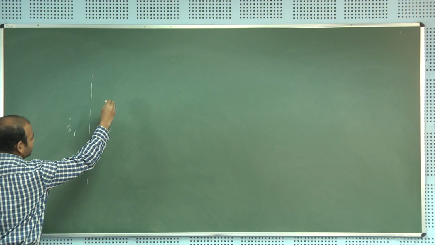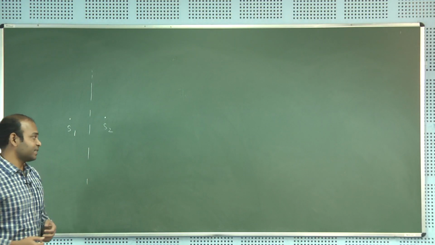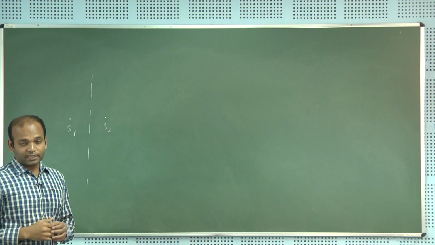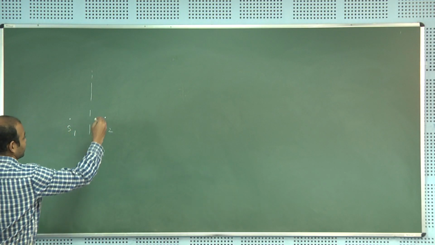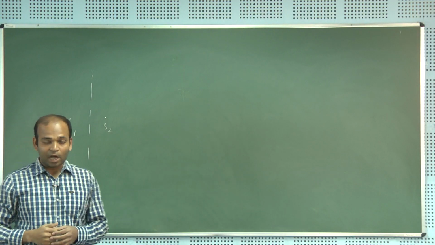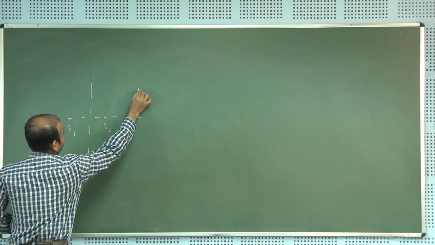In our previous class we showed that if we want to find the contours of equal phase, or in other words the fringes in 3 dimensional space, they would be 3 dimensional hyperboloids of revolution along this axis, and it would be like this.